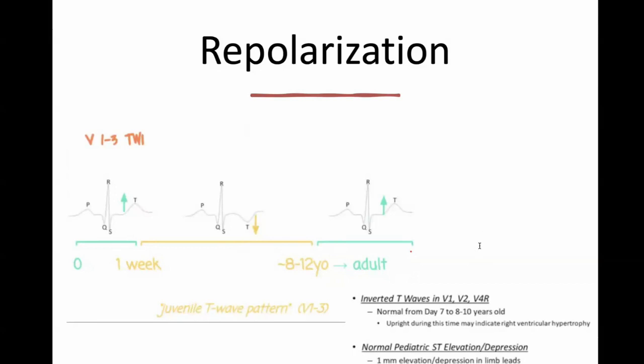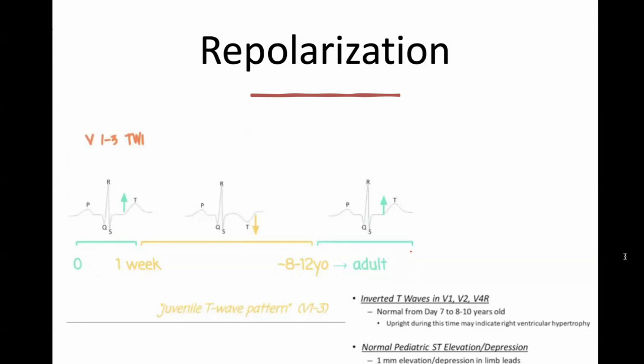The T wave illustrates ventricular repolarization, and the size and the direction of the wave are important indicators of cardiac function. The T waves in leads V1, V2 and V4R are typically upright from birth until day 7 of life, where they then flip and become inverted.